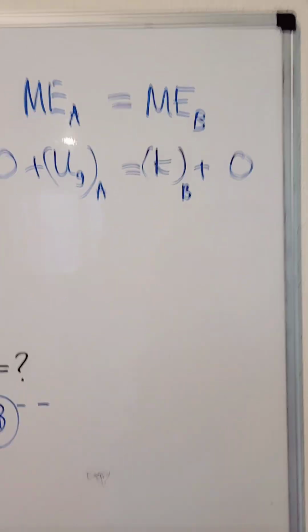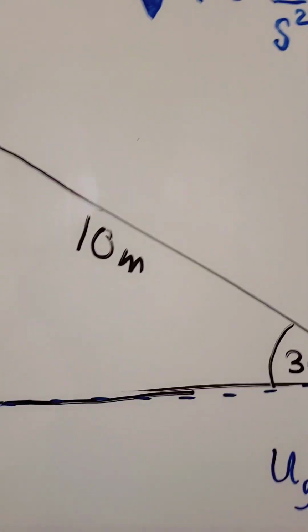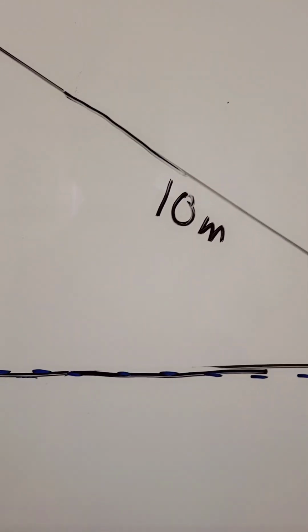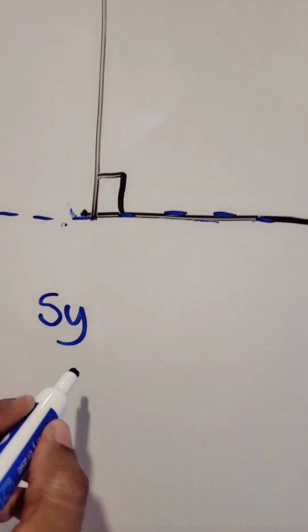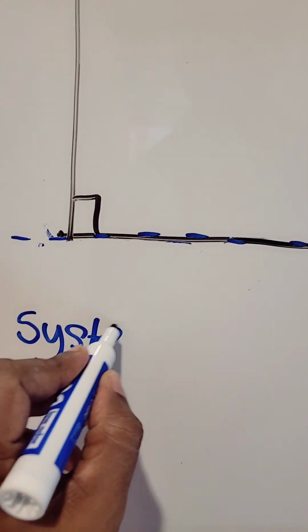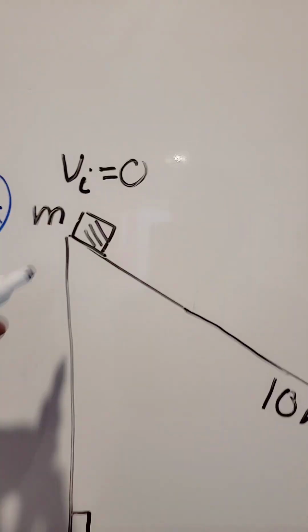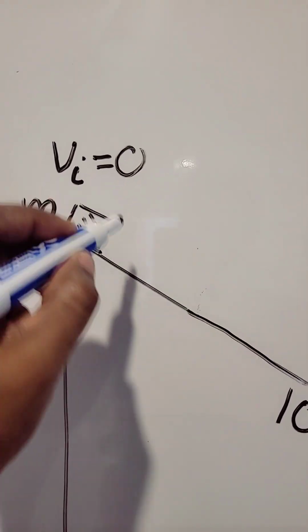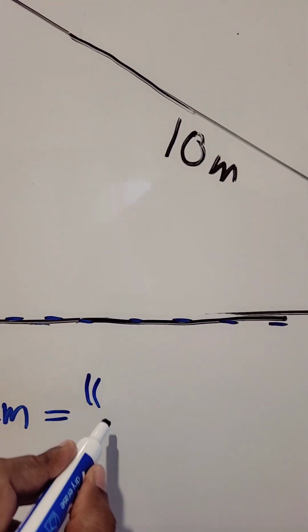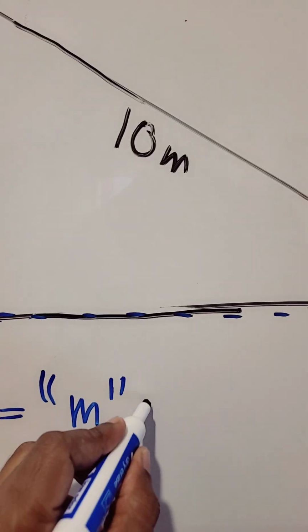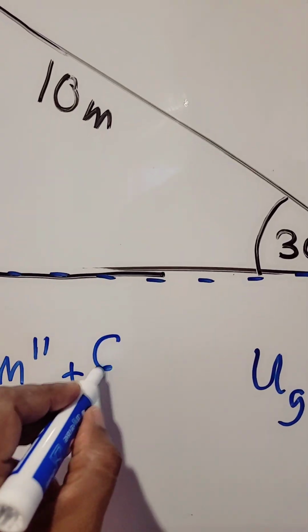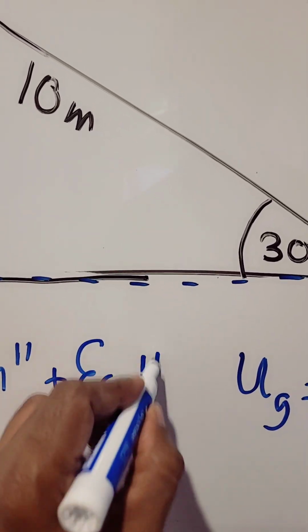And I need to tell you one thing that I forgot to tell you. What is our system here? The system is this sliding mass m plus the earth.